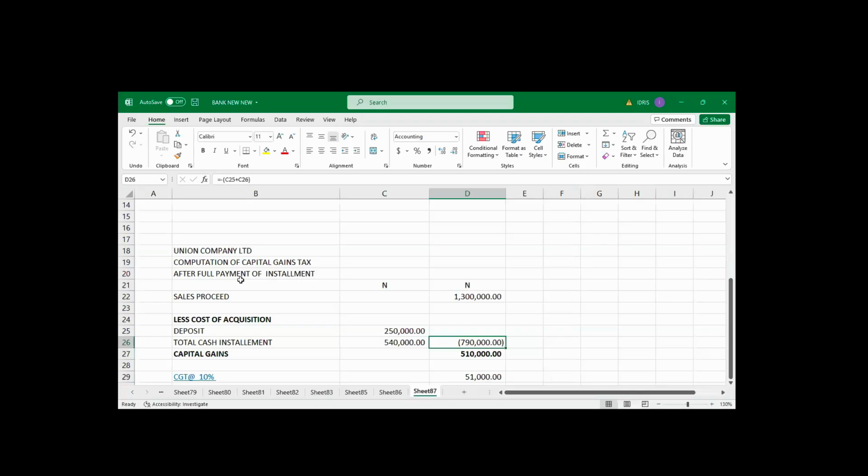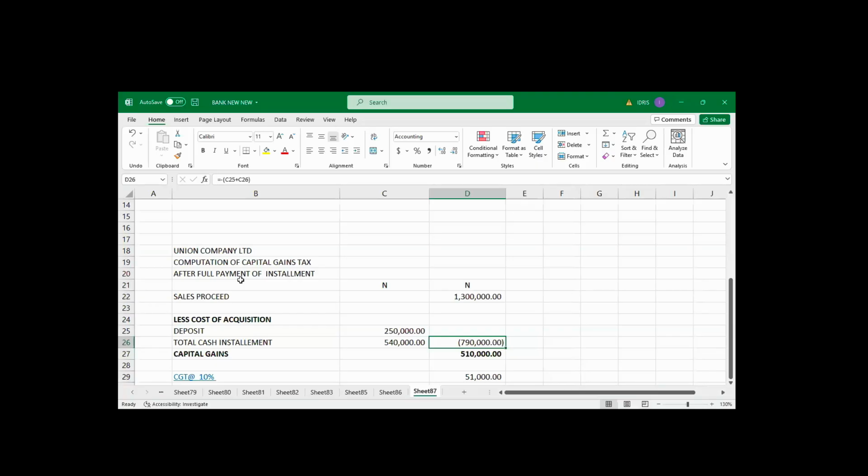The second area that we want to look at now is when you are selling an asset, your car. When you bought it, you didn't buy it on hire purchase, you bought it at the normal price. But you now want to sell it after using it for 3 years. The buyer now says, my brother or my friend, this asset you want to sell, I don't have money to pay at once, so I will pay for 3 years.